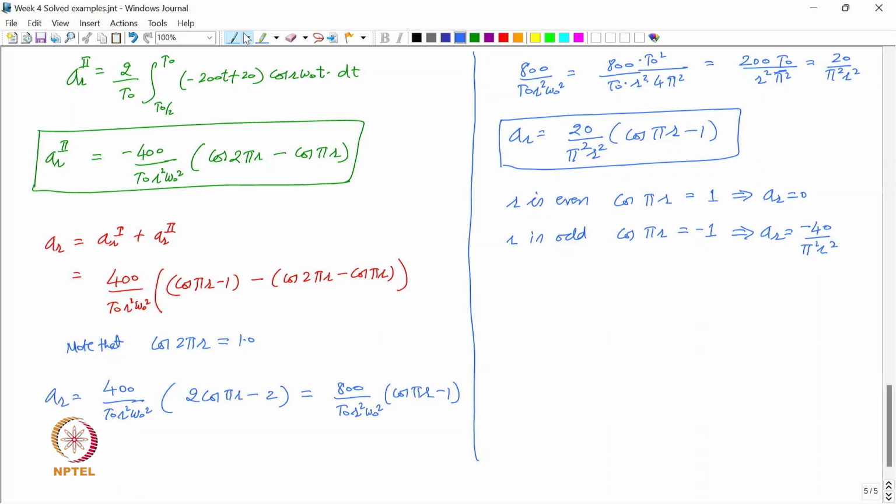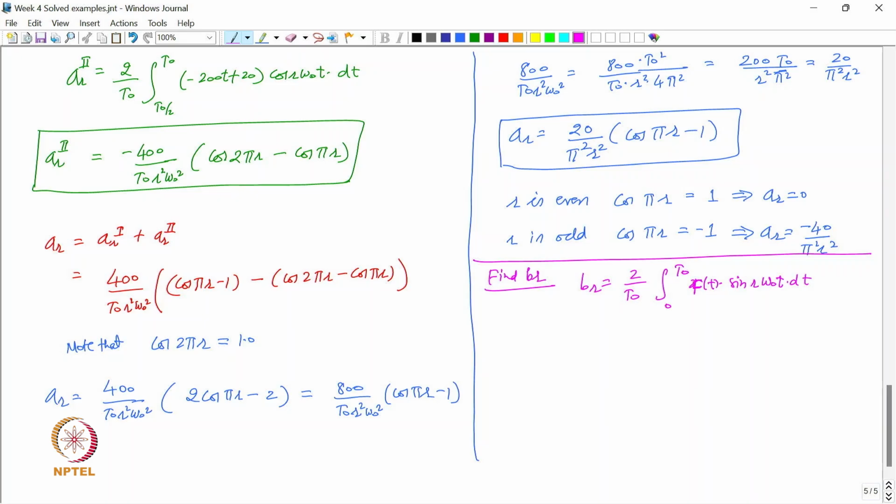So let us now determine the value of BR. BR is given by 2 upon T naught, integral from 0 to T naught of f of t into sin r omega naught t dt.